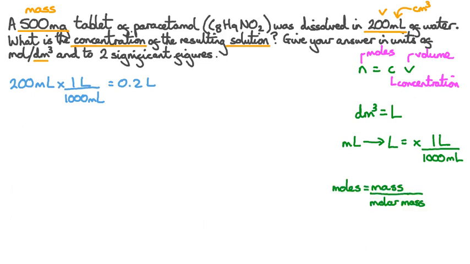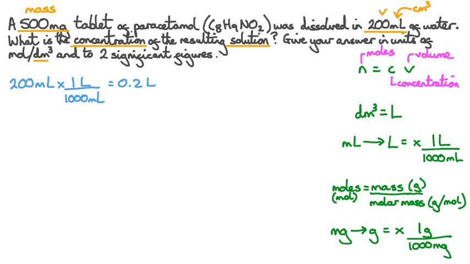The equation we need is moles equals the mass divided by molar mass, where our units are moles, grams, and grams per mole. So the first thing we need to do is convert our mass from milligrams into grams.